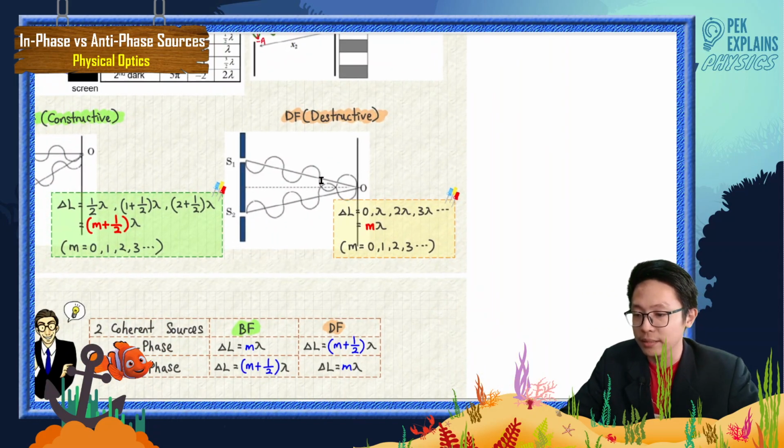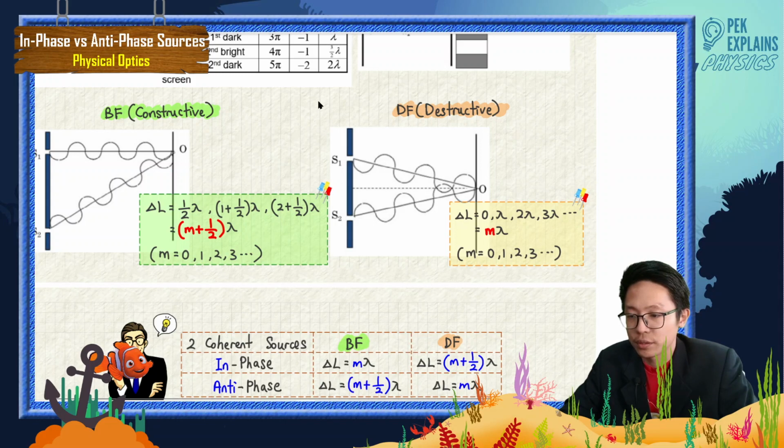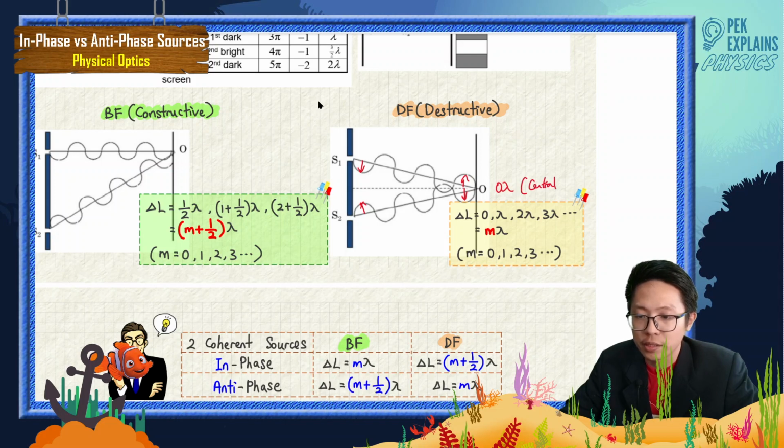So like this. When it is an antiphase source, for 0 lambda, they end up also antiphase. So we form a dark fringe. This is what we call the central dark fringe. And then going up one step higher.